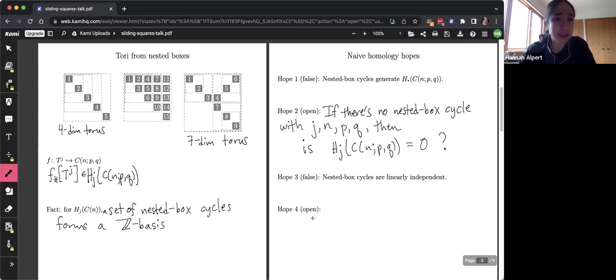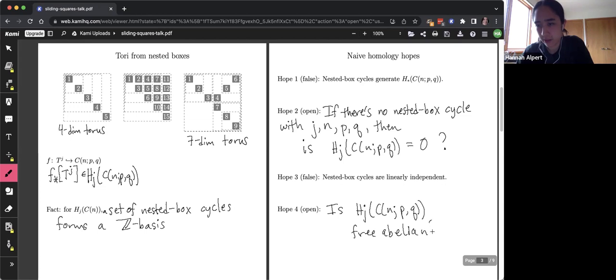But one thing specific that I can say I don't know the answer to is whether the homology for squares in a rectangle is free abelian like it is for squares in the whole plane. So just like some Z to the k.